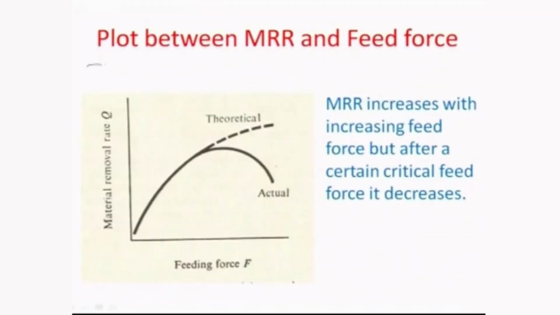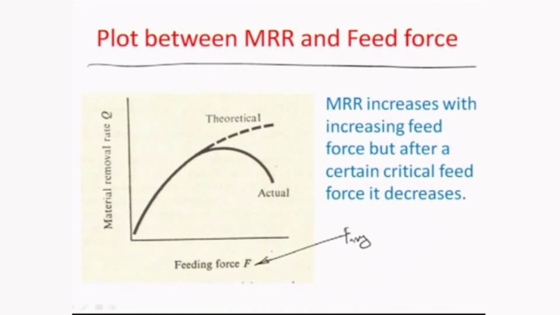So, one case is the MRR plot with respect to the feed force or the average force. So, this is a plot between the average feeding force F average, as you saw, and it is obvious to assume that if F average is more, then Q is more. Okay. So, theoretically predicted trends would look something like this, which is represented by this dotted line here, okay, as if the F average keeps on increasing, the Q should increase.